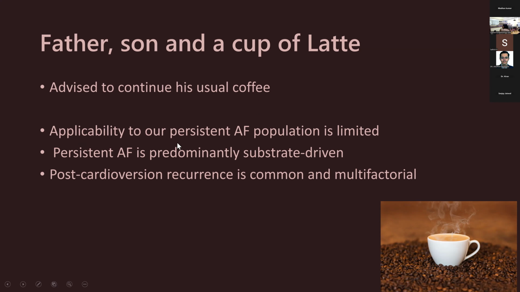The applicability to our persistent AF population is limited. And our persistent AF, as I said earlier, is predominantly substrate driven rather than a trigger driven process. And post cardioversion recurrence is common and multifactorial.